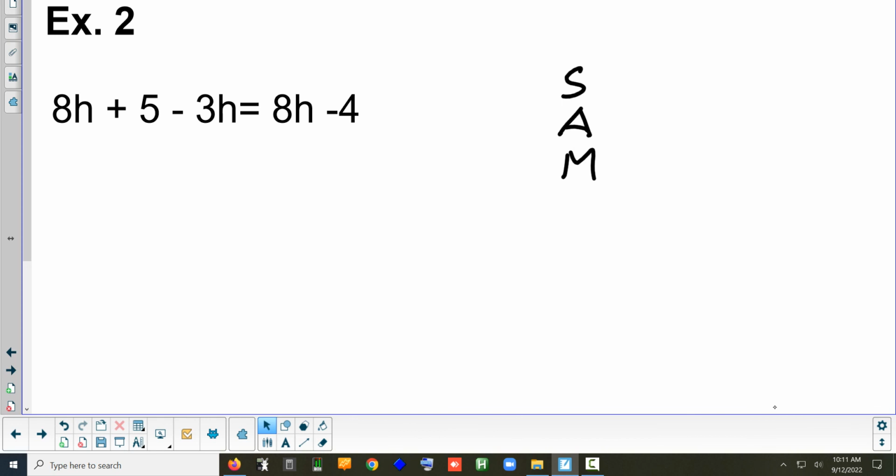Next thing under simplify is combine like terms. Combining like terms is something you do on the same side. It's not the opposite operation where you're moving something from one side to the other. So does anyone see either on the left or on the right, are there any like terms we need to combine? Yep.